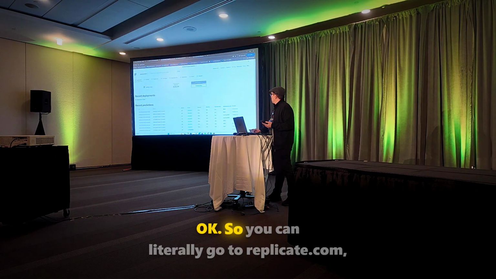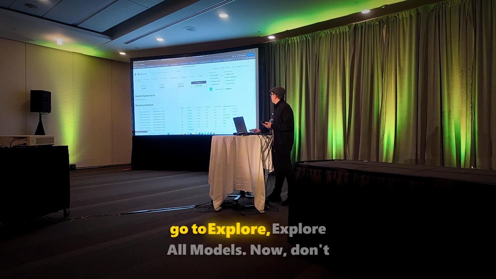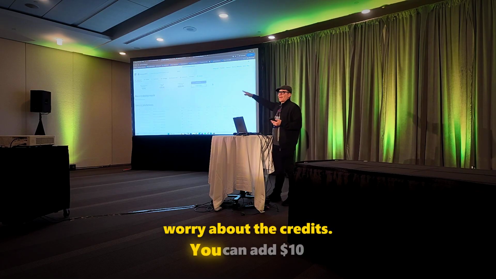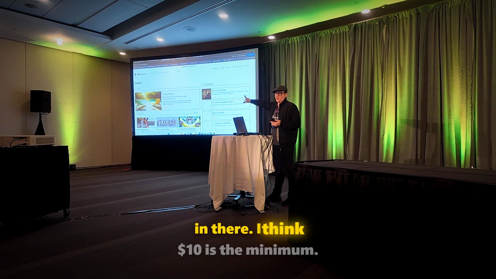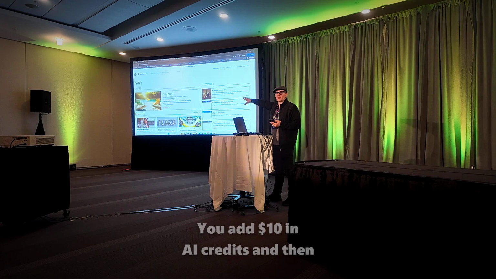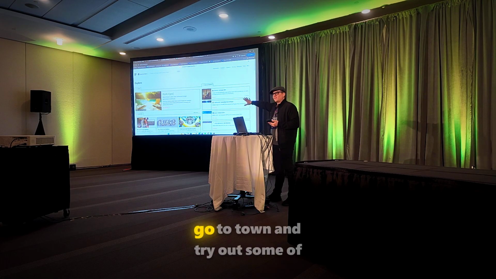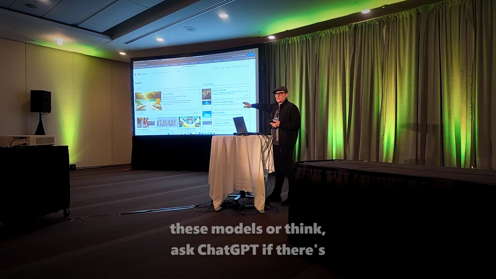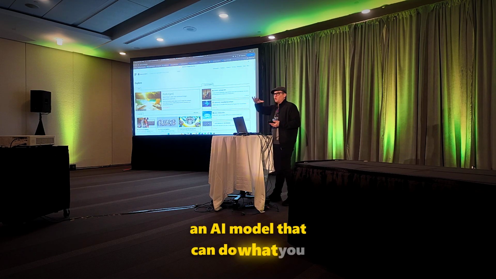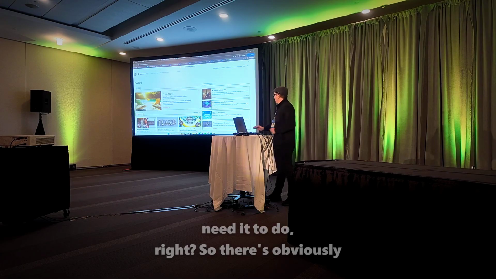Okay, so you can literally go to replicate.com, go to explore all models. Now, don't worry about the credits. You can add $10 in there. I think $10 is the minimum. You add $10 in AI credits, and then go to town and try out some of these models. Or ask ChatGPT if there's an AI model that can do what you need it to do, right?